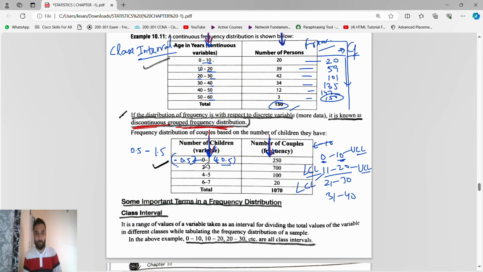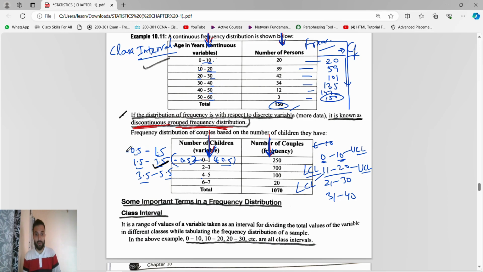Then 2 minus 0.5 is 1.5, and 3 plus 0.5 is 3.5, so 1.5 to 3.5. Then from 4 we subtract 0.5, so 3.5 to 5.5.